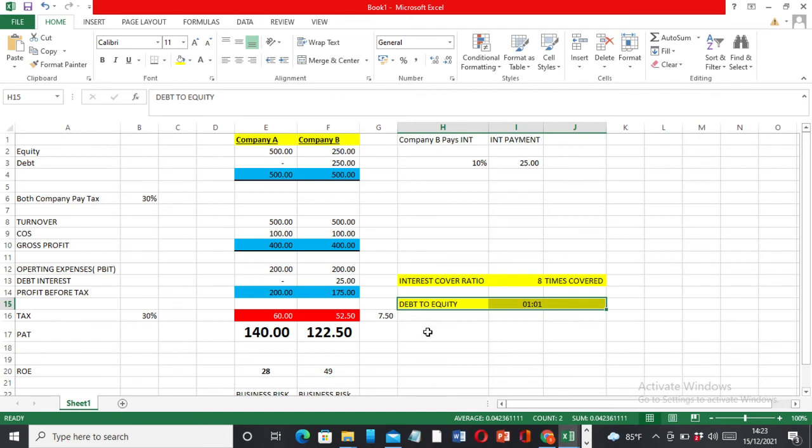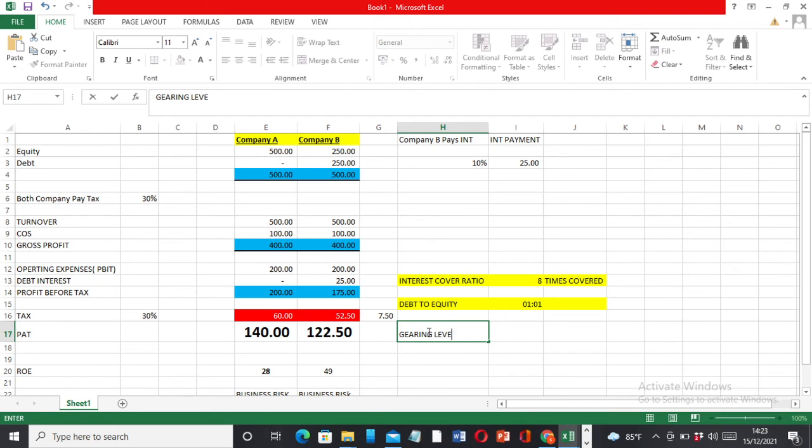And also we can look at gearing. Gearing level shows how many percentage of the company is debt financed. How many percentage of the company is running on debt, right? Which is very important. So what is the formula?